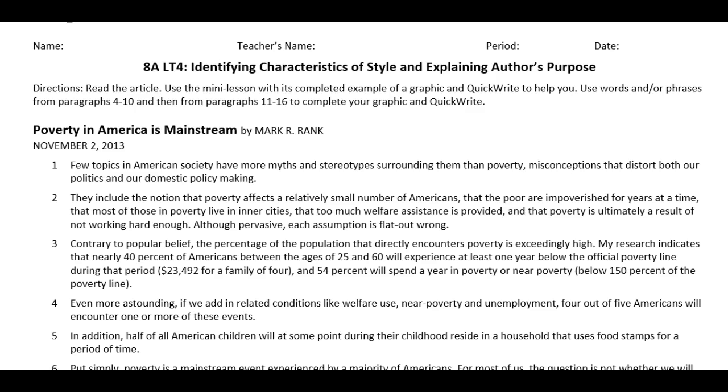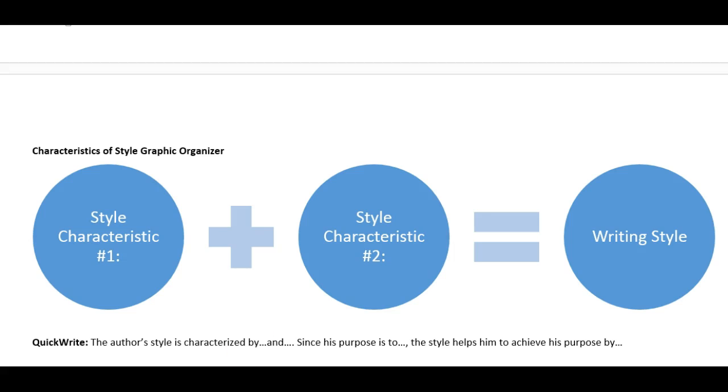I will use paragraphs 1 through 3 to show you how to think about the items that you're going to work with. Taking a look at the graphic organizer, you are going to be asked to identify 2 characteristics of the author's style within the paragraphs you're reviewing. And based on those 2 characteristics, you'll be asked to identify a writing style.